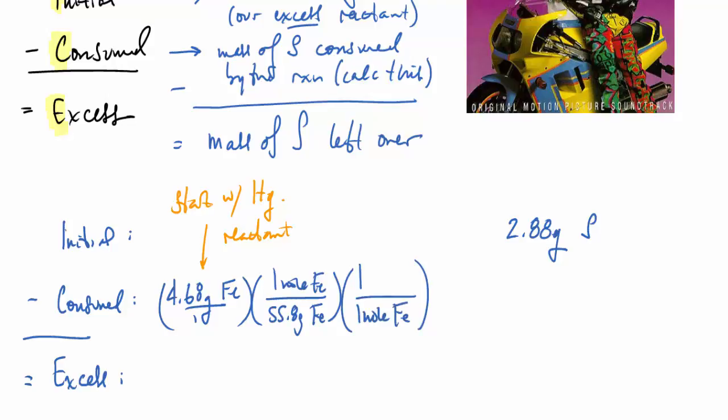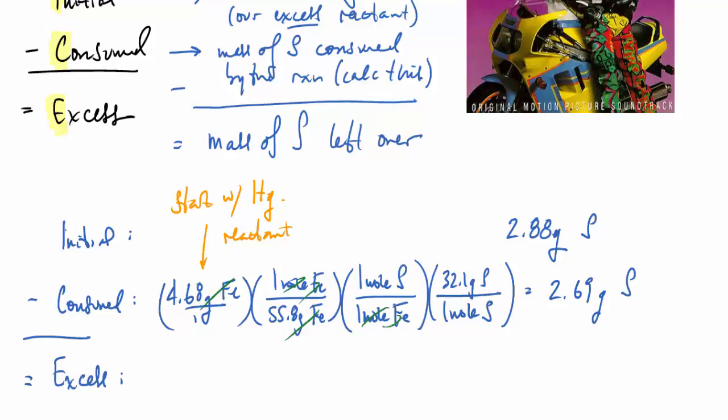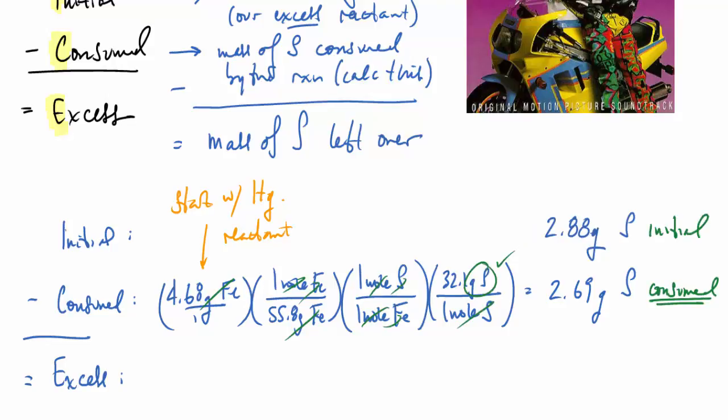On the bottom, we'll have 1 mole of iron. On the top, 1 mole of sulfur. And then at the end here, of course, we'll use the molar mass of sulfur, again one more thing you can recycle from the calculations above. It's 32.1 grams. Compute this and get 2.69 grams of sulfur consumed by the reaction. Check the units. Yes, it's good. And this is the mass of sulfur consumed by the reaction.